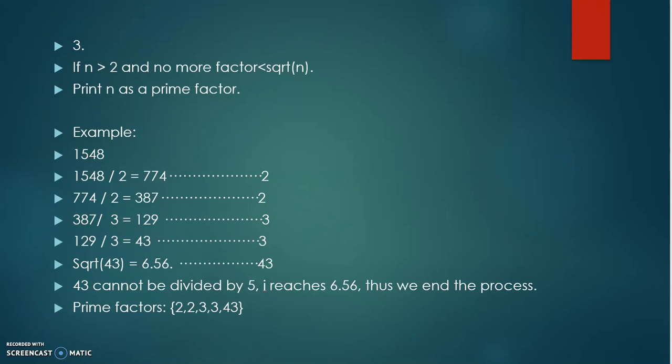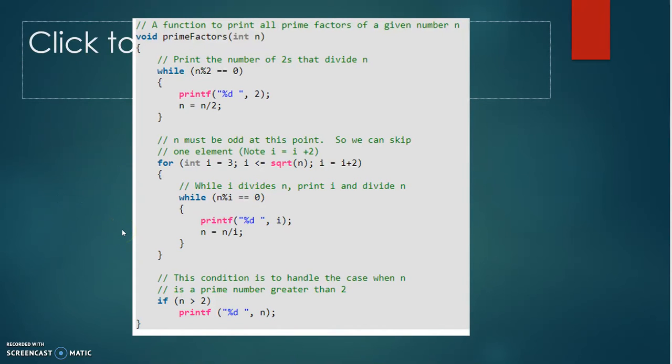And let's take a look at the pseudocode here. As I said, the first thing we want to do is to divide n by 2, and if it's divisible, so there's no remainder, we can see that n is an even number and it's divisible by 2.